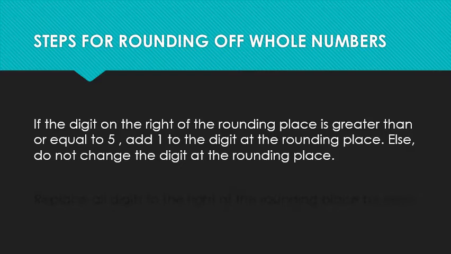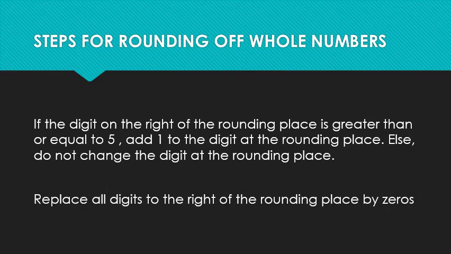That is, if the digit on the right of the rounding place is less than 5, then we do not change the digit at the rounding place, the place at which we have to do the round off. Next step, we have to replace all the digits to the right of the rounding place by 0.